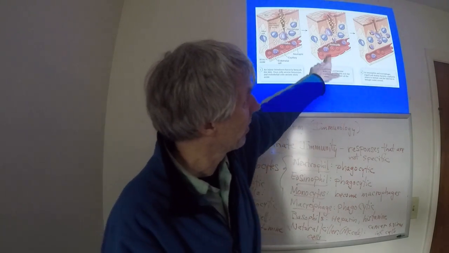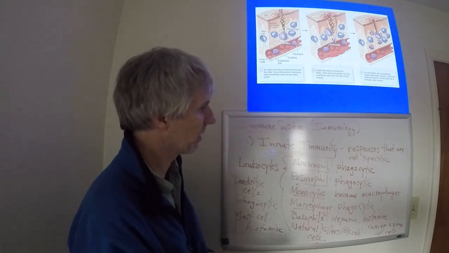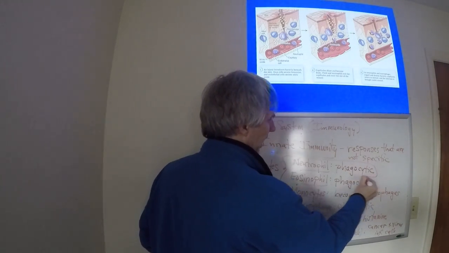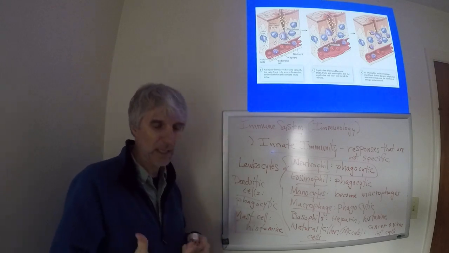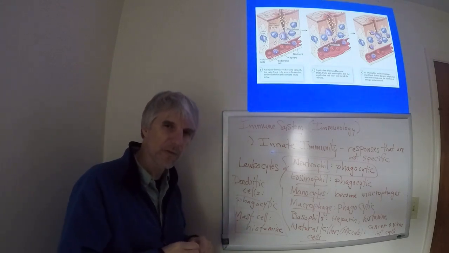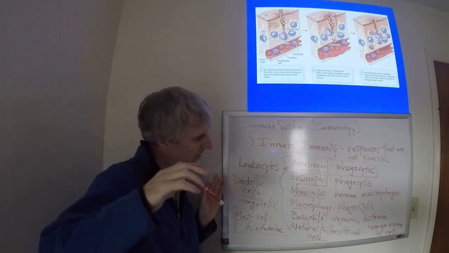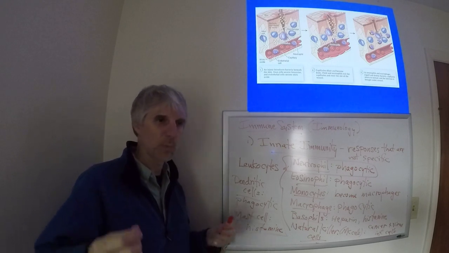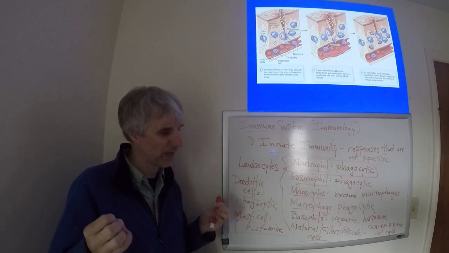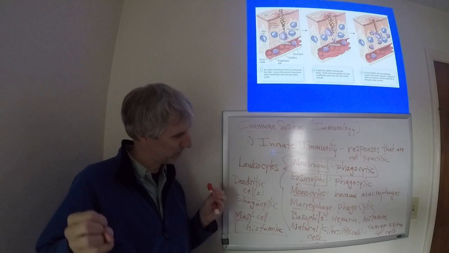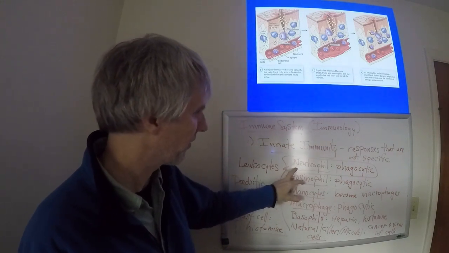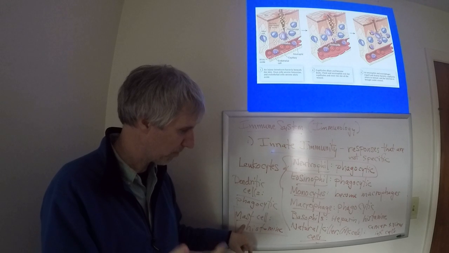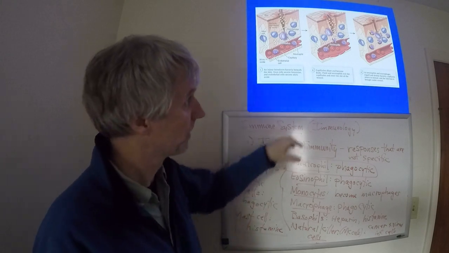Now, the neutrophils are phagocytic. They're not targeting any cells specifically. They're going after anything that's bacterial. If it has a wall, it's going to target it. So we have this neutrophil response to the mast cell response.